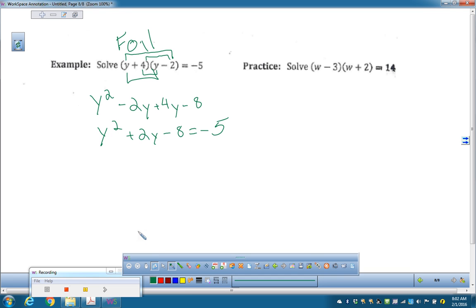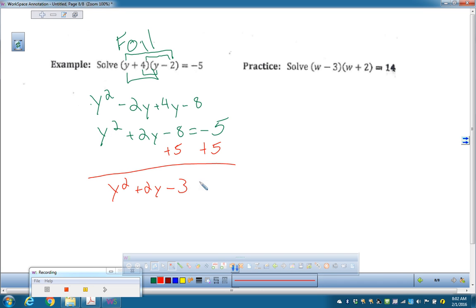Now I'm not done. What do I have to do with that negative 5? I need to bring it over onto this side. So now I add 5 to both sides. Now I get y squared plus 2y minus 3 equals 0. And then I have to factor that.